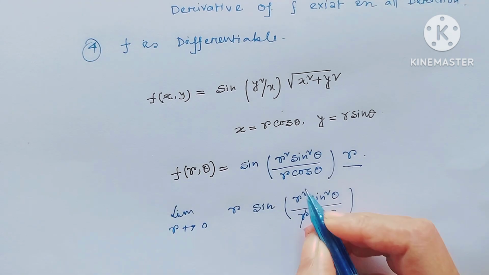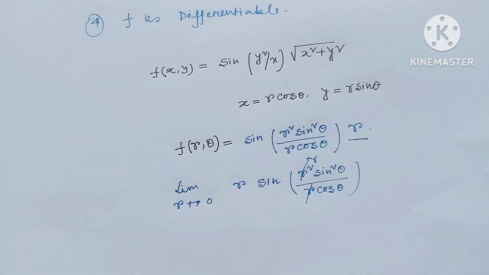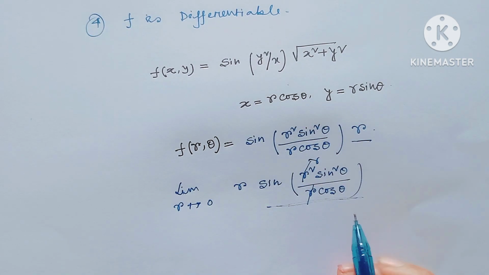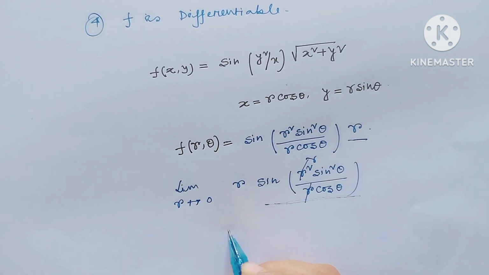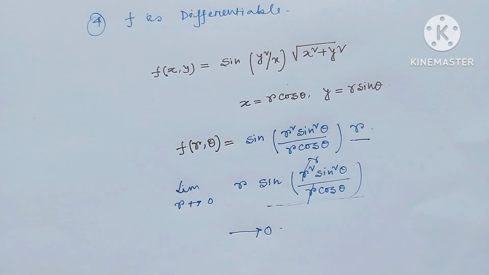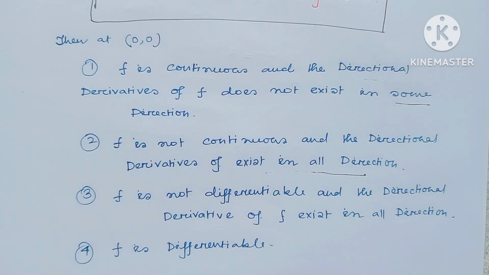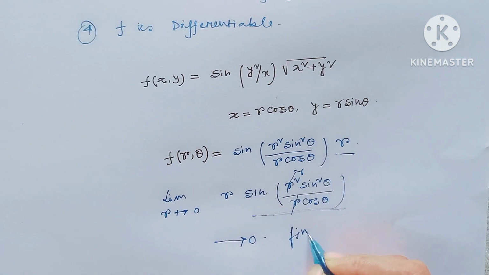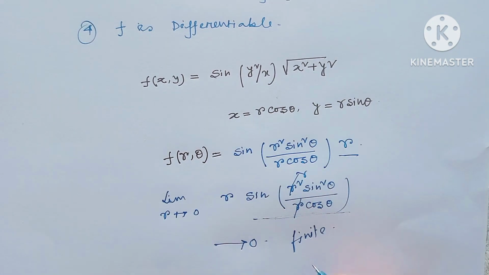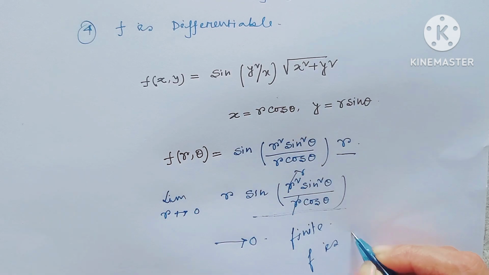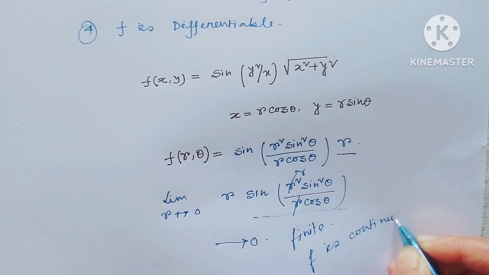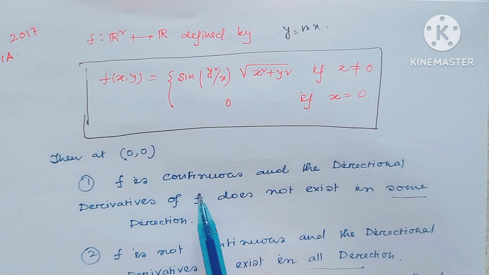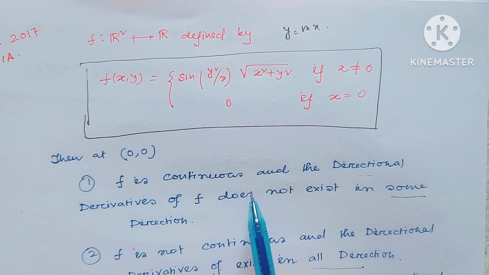Since sine is the bounded part, this value would be less than or equal to 1, so this value always goes to 0. Since the limiting value is finite, obviously f is continuous. That means I have seen f is continuous.